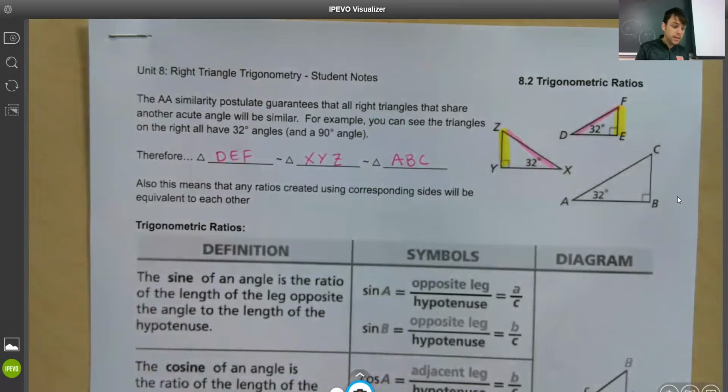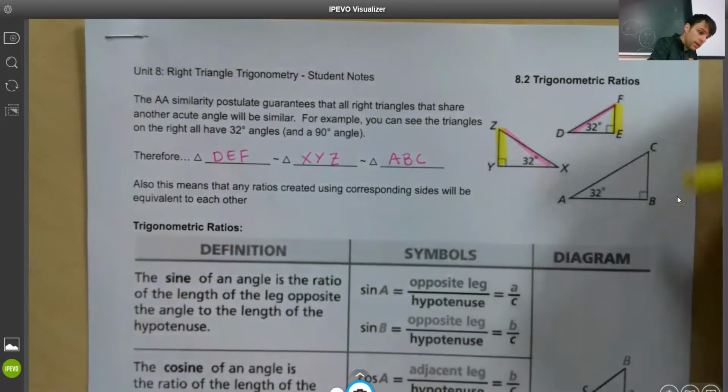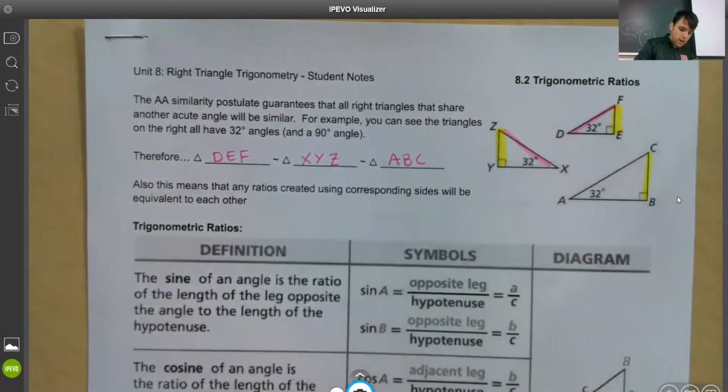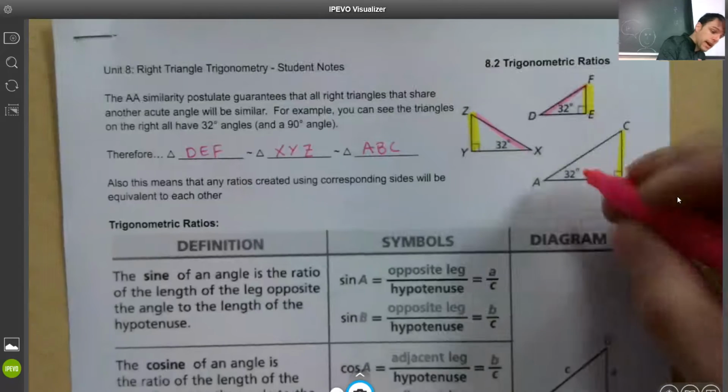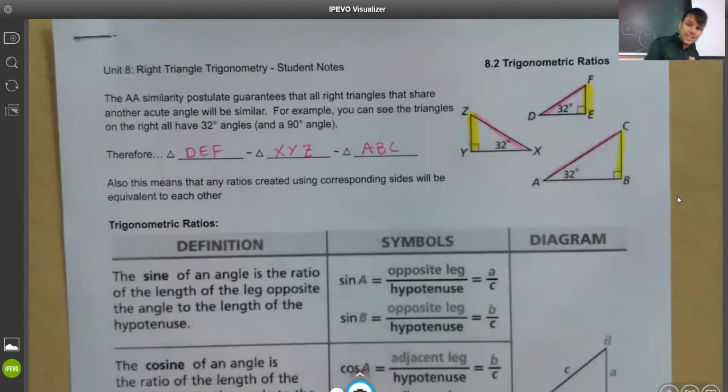That's what similarity guarantees us, right? And also in the other triangles. I don't know the particular side length measurements, but if we write ratios of these sides, they will all be equivalent.